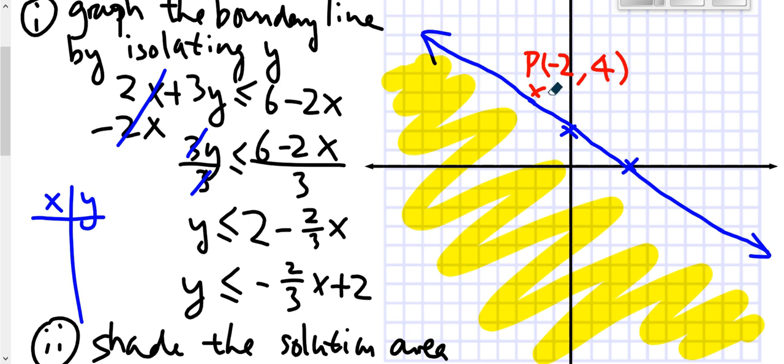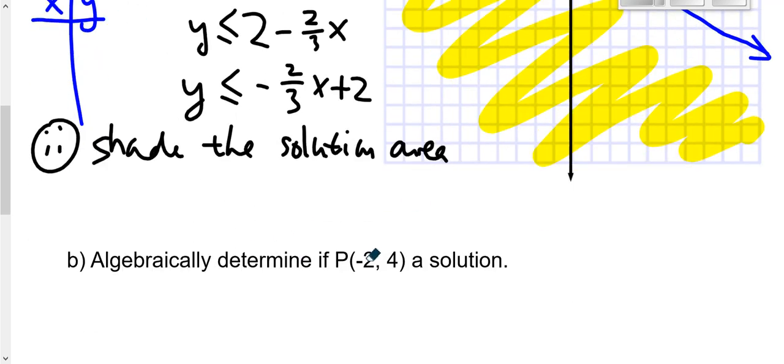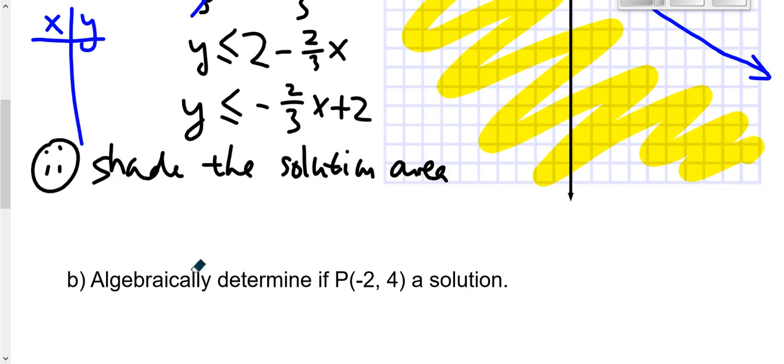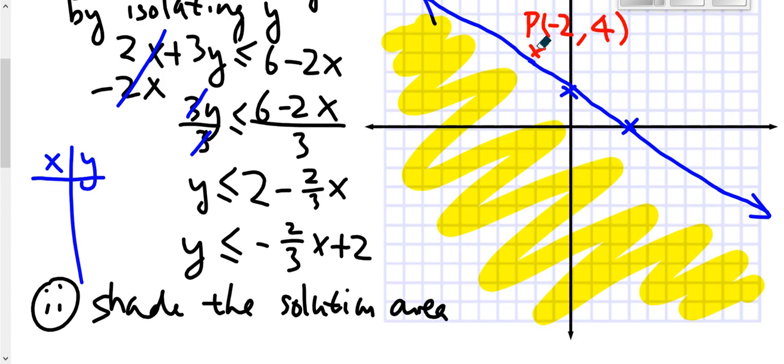So for you, when you plot the graph, make sure you also do it as accurately as possible. Algebraically determine if this point is a solution. If you look at this, it is a graphical solution. This point is not part of the highlighted region, so that means it is not. However, we're asked to do this algebraically, so therefore this is not an acceptable answer. You cannot say this point is above the highlighted region or the shaded region.